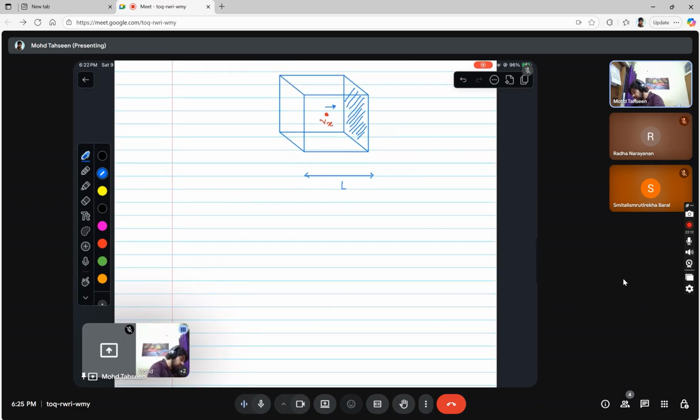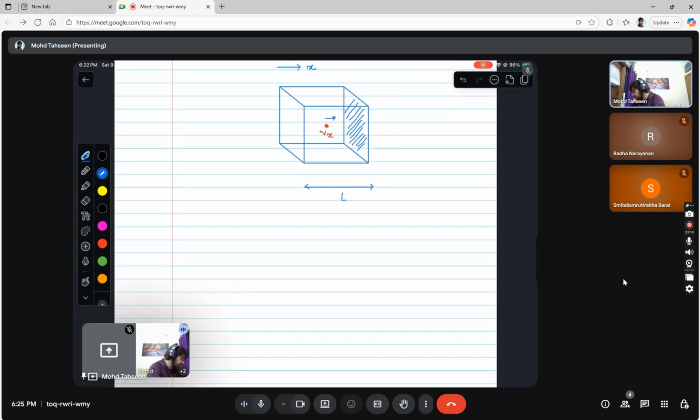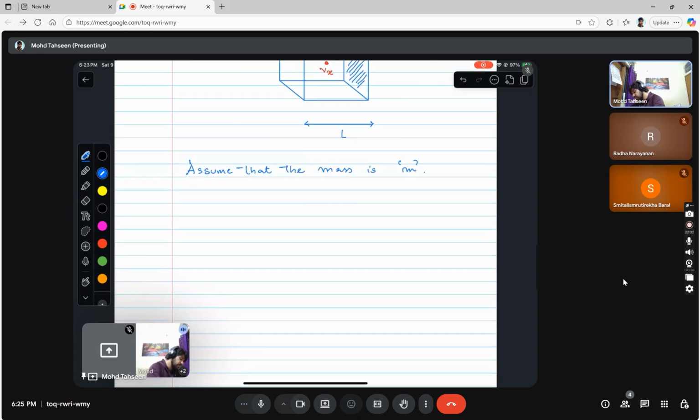So for now, if we look at this particle, what is the momentum that's carried by this particle? So we assume that the mass of this particle is m, right?